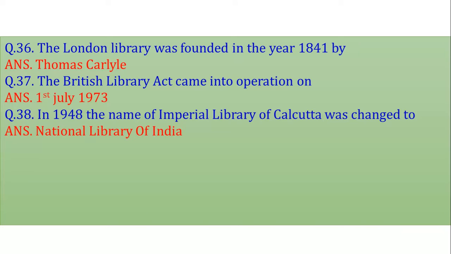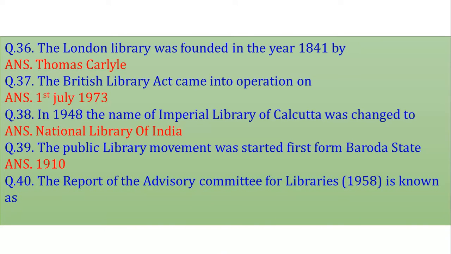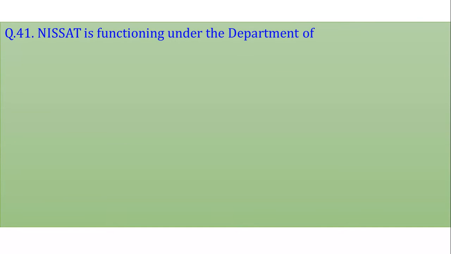The public library movement was started first from Baroda State, 1910. The report of the Advisory Committee for Libraries, 1958, is known as Sinha Committee Report. NISAT is functioning under the Department of Science and Technology.